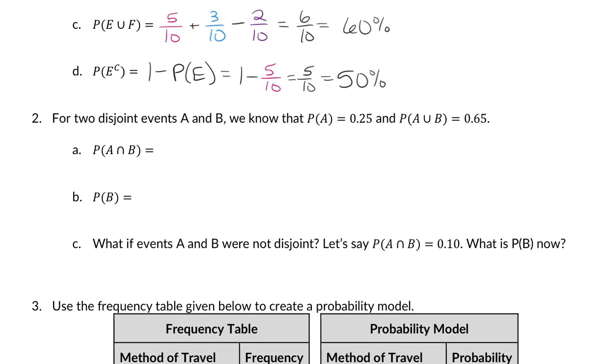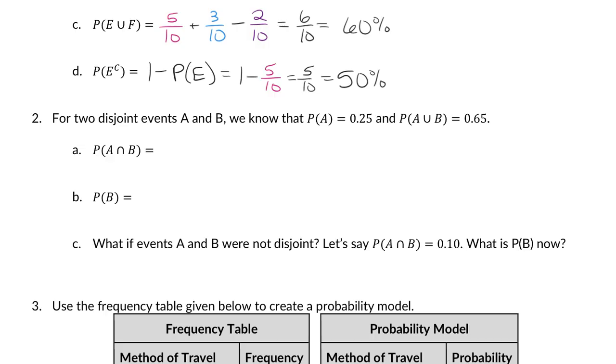Number 2, for 2 disjoint events, A and B, we know that the probability of A is 0.25 and the probability of A or B is 0.65. Immediately, that's all we're given. The first part says, what is the probability of grabbing A and B?